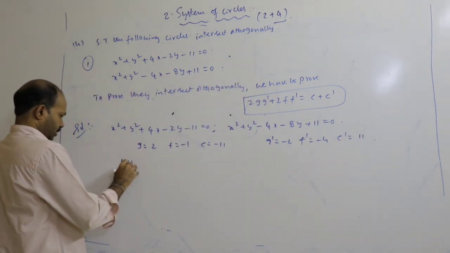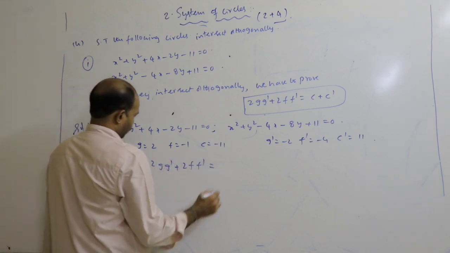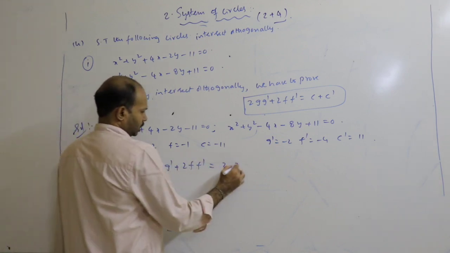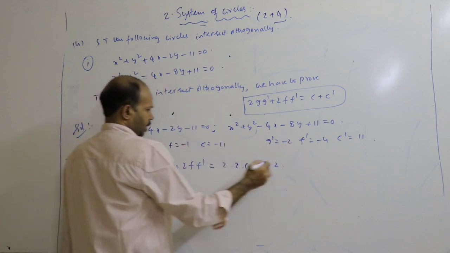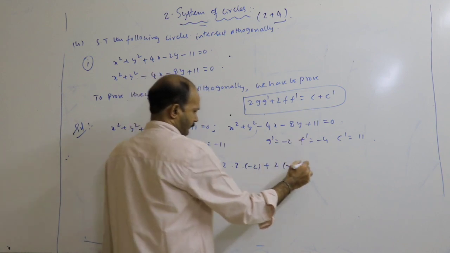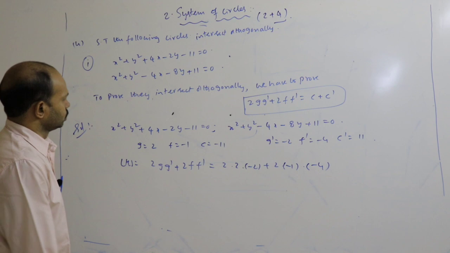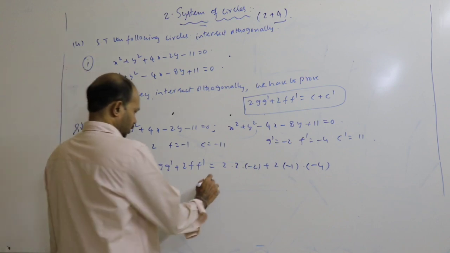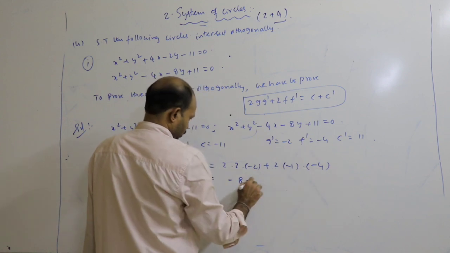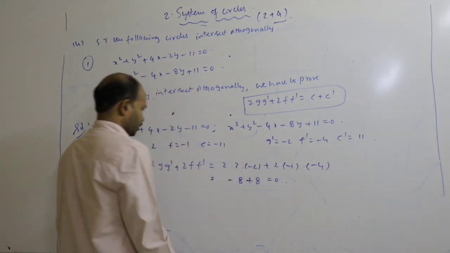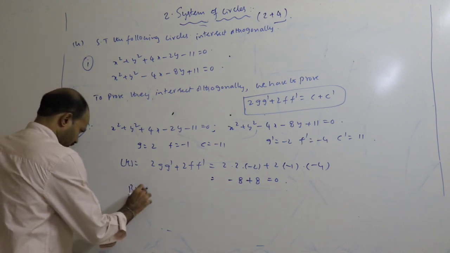Consider LHS: 2gg dash plus 2ff dash. What are the values? 2 twos are 4, 2 fours are 8. What is the value of it? Something 0.